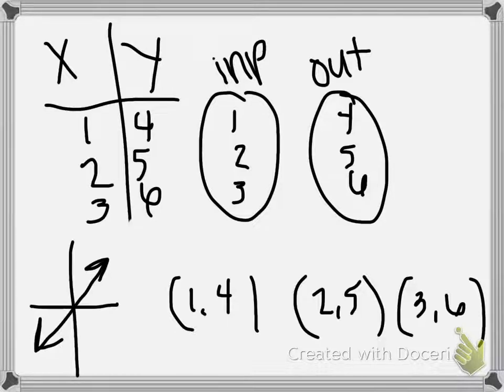You have your tables, which is right here. Mappings, which this is what a mapping looks like. This is a very simple mapping, okay? A graph, which this probably isn't 100% accurate, but a graph. And then your ordered pairs, okay? I'm going to show you individually the different ways that you can identify functions from these 4 different mediums.